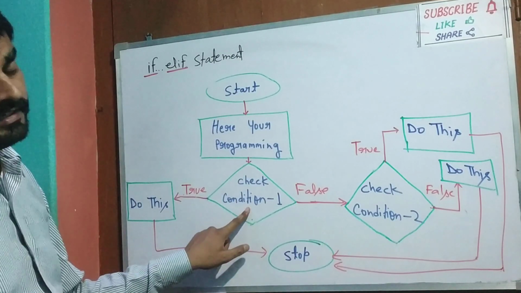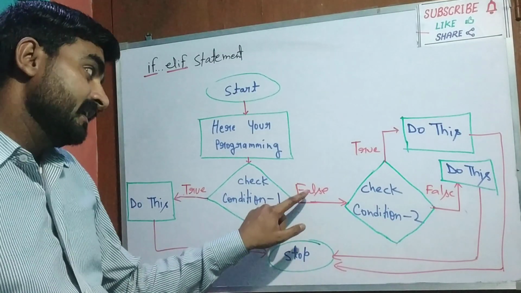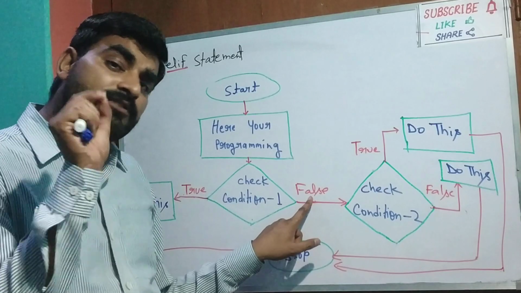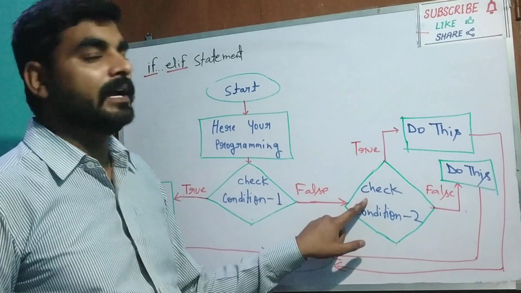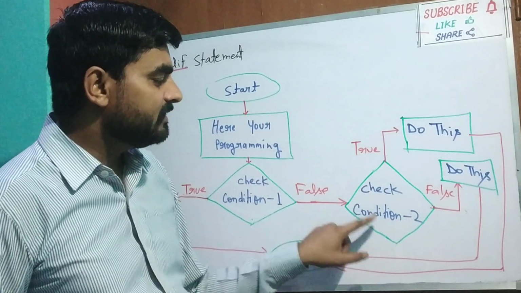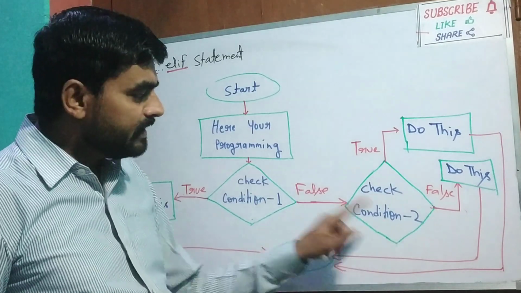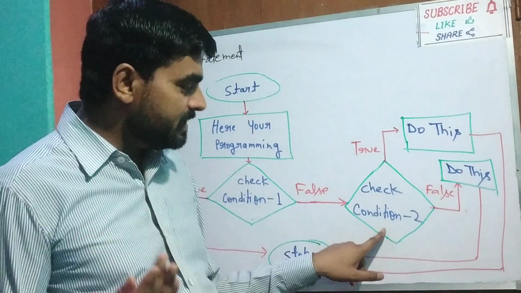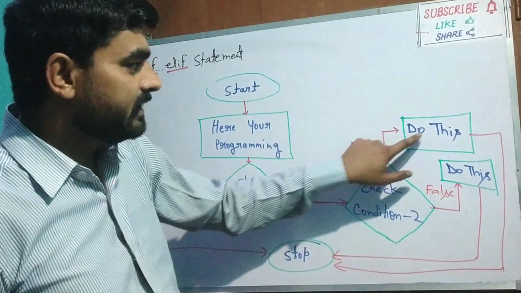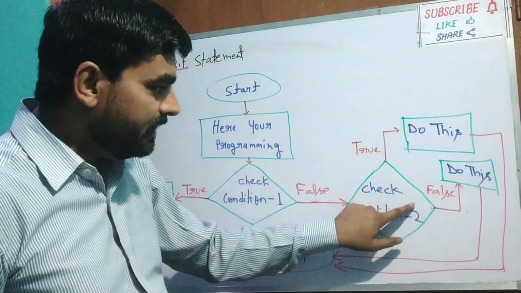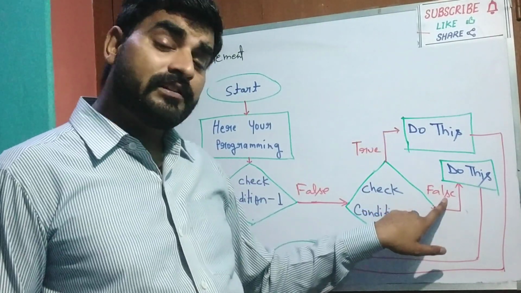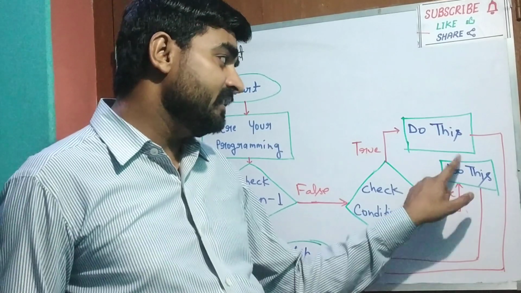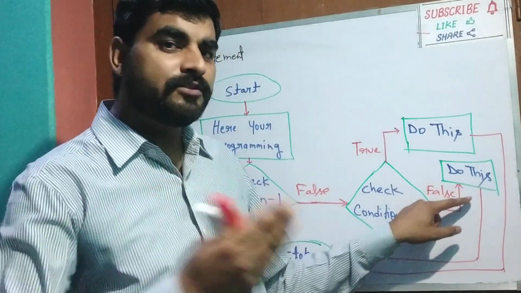And if the condition becomes false, you have to check another condition. This is your second condition. Now this condition may be true or false. If true, then this statement will happen. If false, then you can continue. Here check condition 2, then true, false.